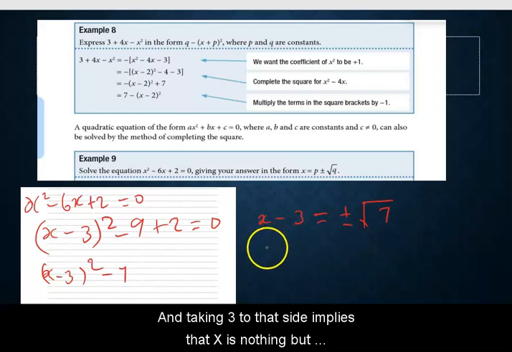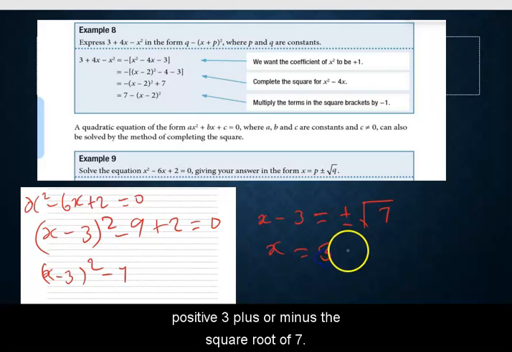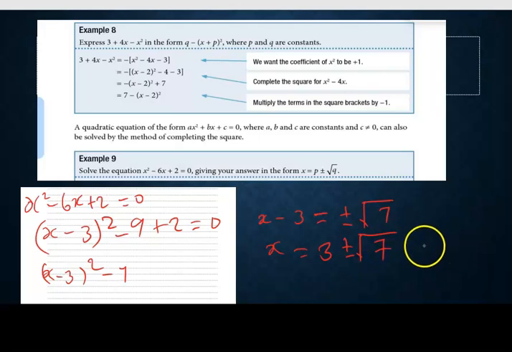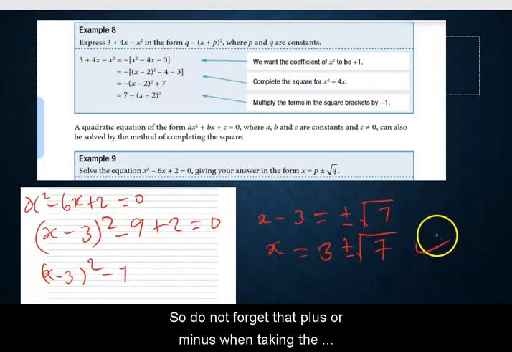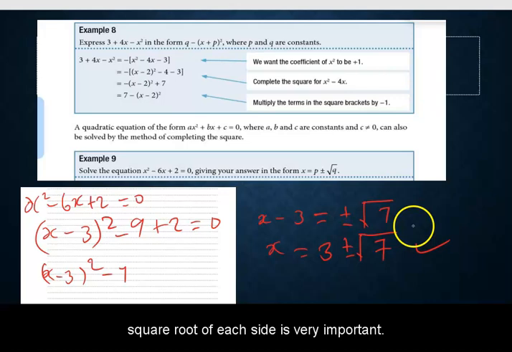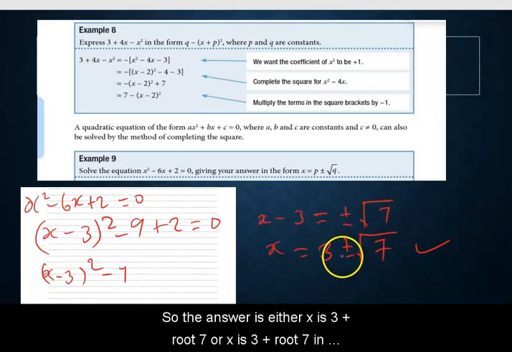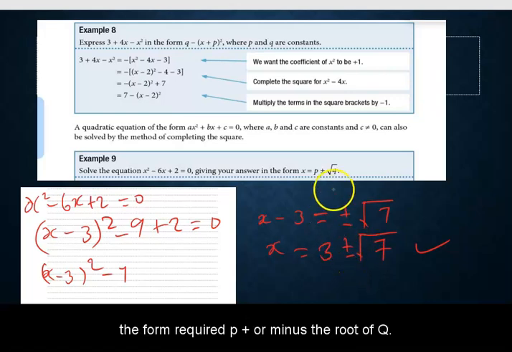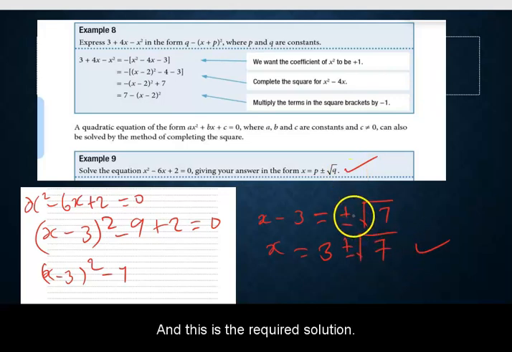And taking 3 to that side implies that x is nothing but positive 3 plus or minus the square root of 7. So do not forget that plus or minus when taking the square root of each side is very important. So the answer is either x is 3 plus root 7 or x is 3 minus root 7 in the form required, p plus or minus the root of q, and this is the required solution.